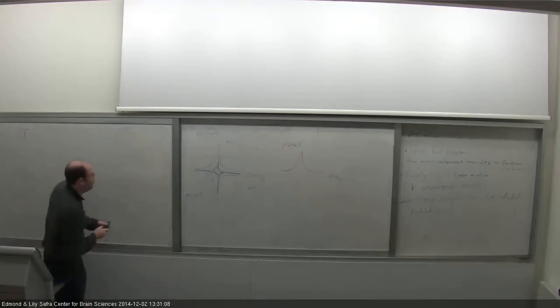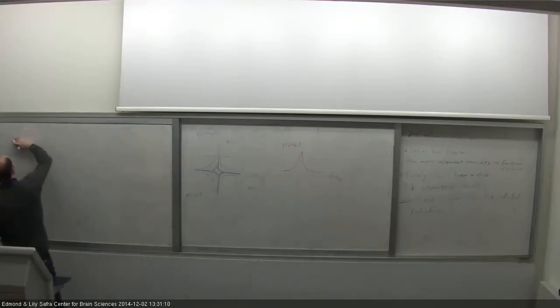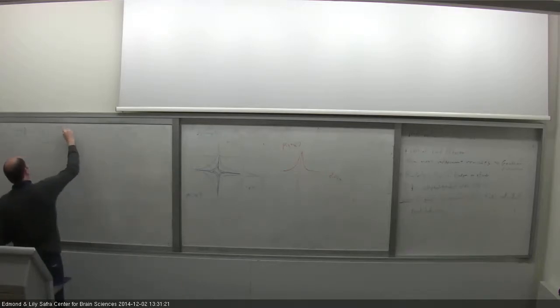The second example will be an example where the distribution of S1 is less peaked than a Gaussian distribution. It will be just a uniform distribution. This will be P of S1. This will be P of S2.